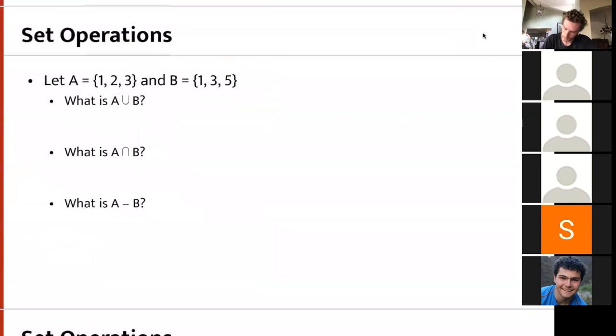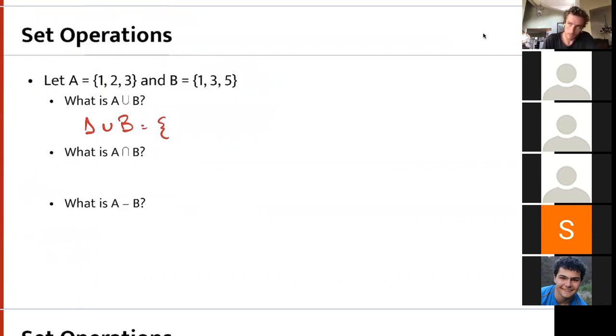Okay. A is 1, 2, 3. B is 1, 3, 5. What is the union? Any thoughts? Do we have them sorted? Doesn't matter if they're sorted.